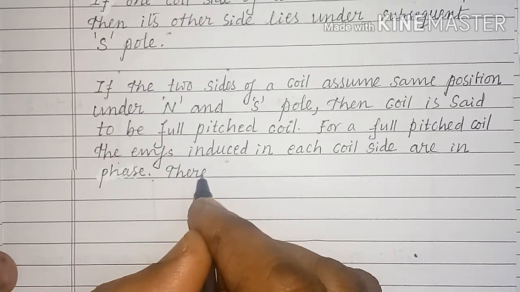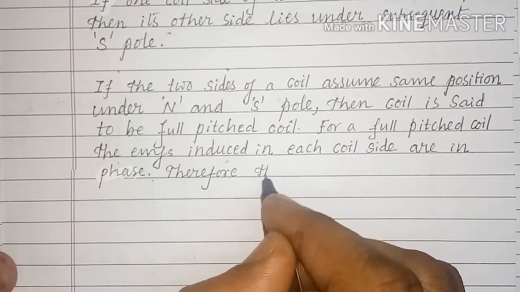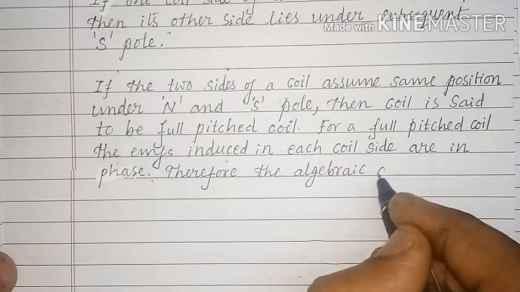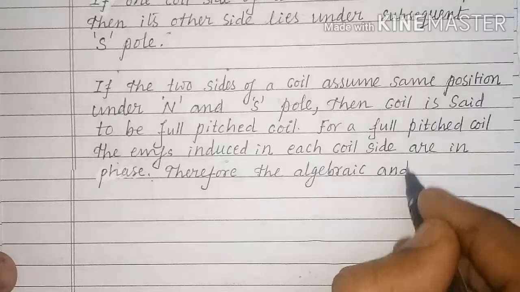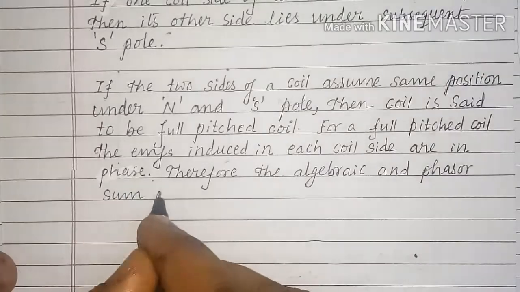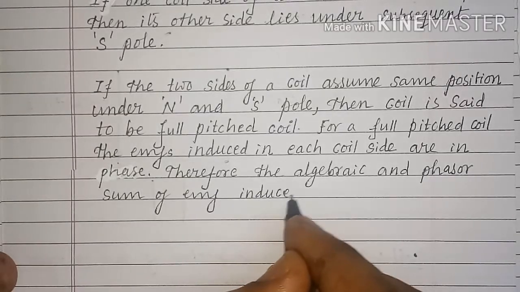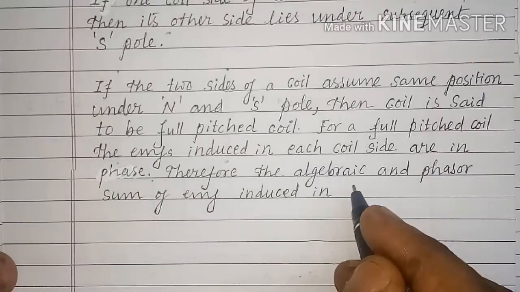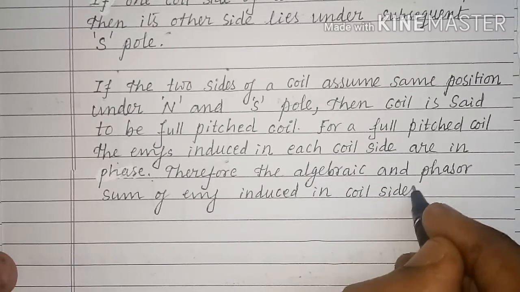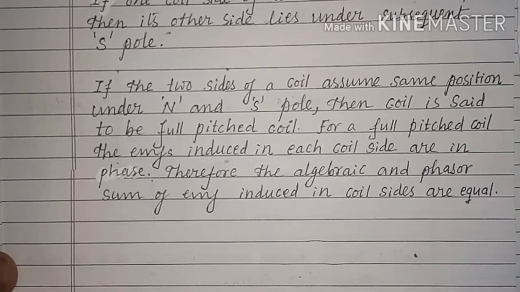Therefore, the algebraic and phasor sum of EMF induced in coil sides are equal.